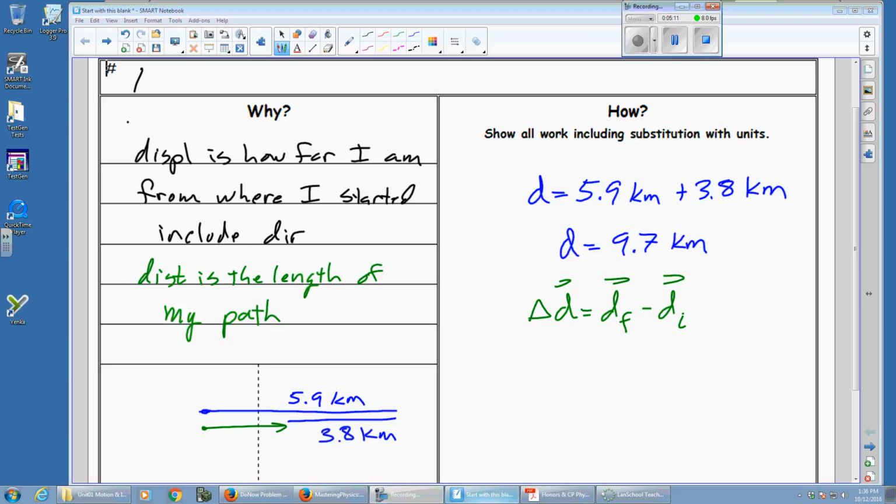So I'm going to call this point 0. And what I'm looking for is where I am at the end of that. So I'm going to end up, I don't go beyond where I am, so I'm going to end up 5.9 kilometers minus 3.8 kilometers, because that'll give me that green segment, which ends up being, what, 2.1 kilometers?